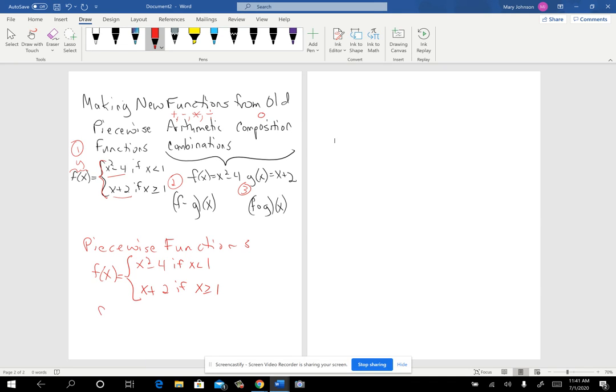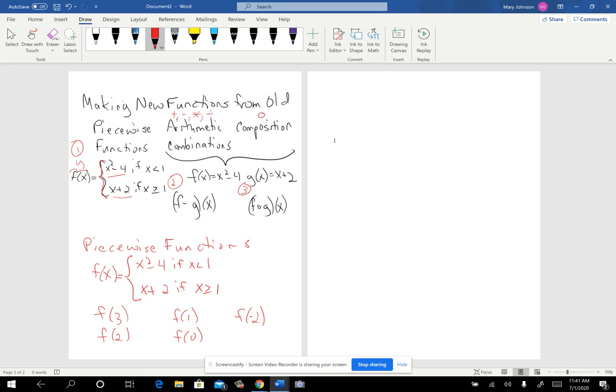You might be asked to find f of 3, or maybe f of 2, or f of 1, or f of 0, or even f of negative 2. It could be fractional; I'm just choosing not to do that.